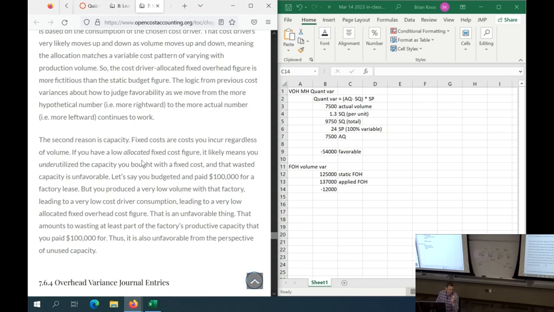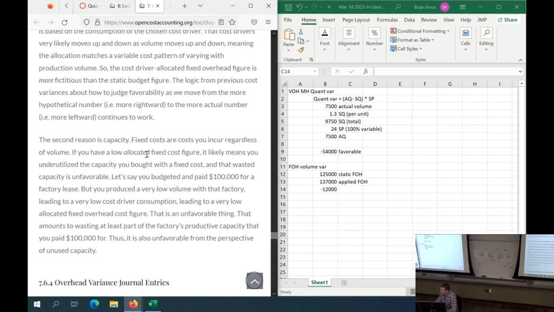That's bad. If I produce 0 units, I will consume 0 units of the cost driver. So applied cost will be 0. So moving from applied cost of 0 to a static budget of 100,000 or 125,000 in this question's example would be unfavorable. That unfavorability helps reflect the fact that I probably have some unutilized capacity right there.